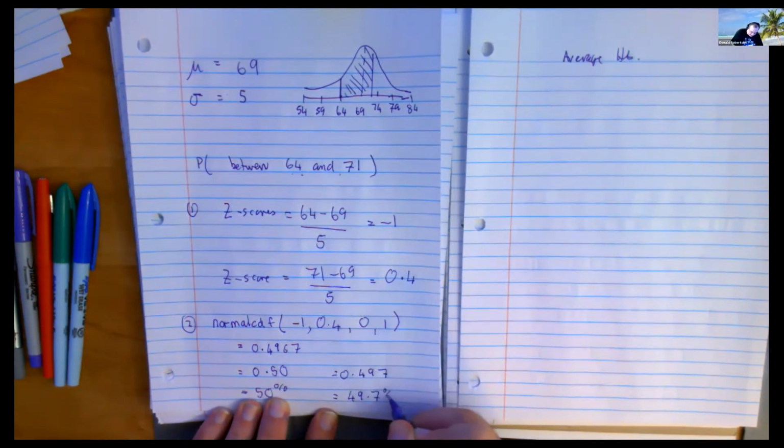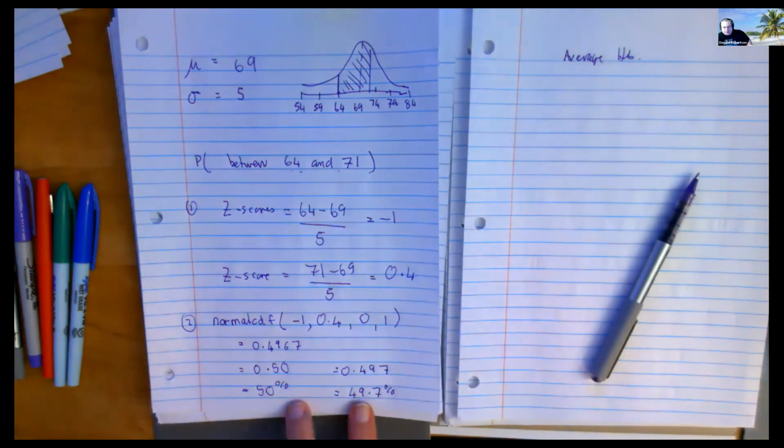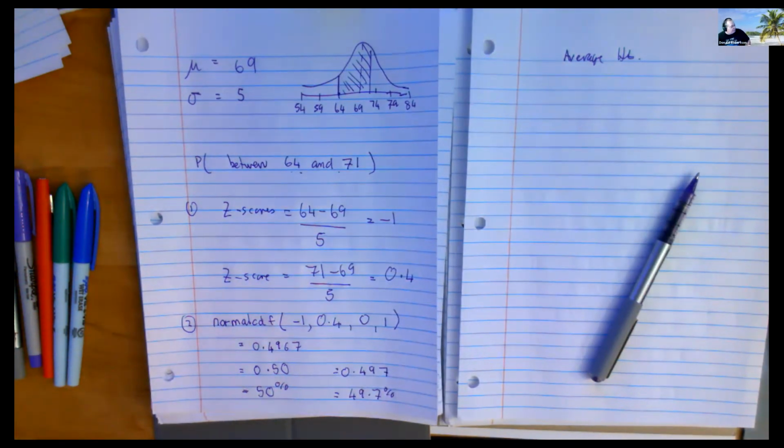These answers look different, but aren't they correct according to the accuracy we're being asked for? So always read the question: do you want it to 2 decimal places, 3 decimal places, as a decimal or as a percentage? Those little things make life so much easier if you get them correct.